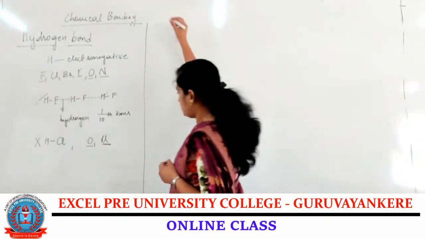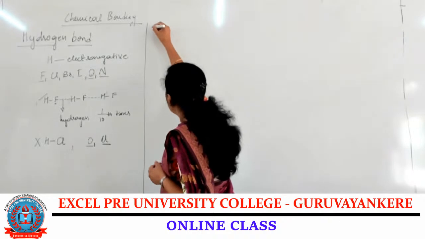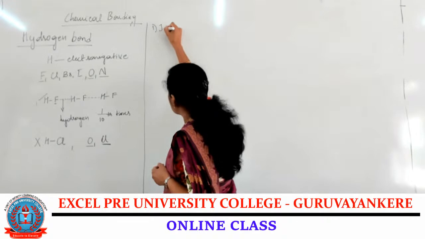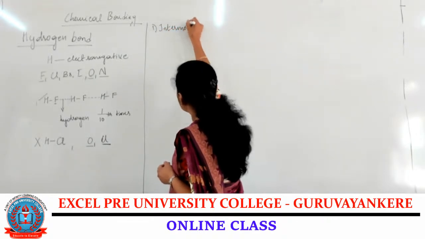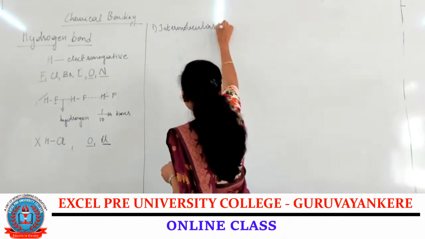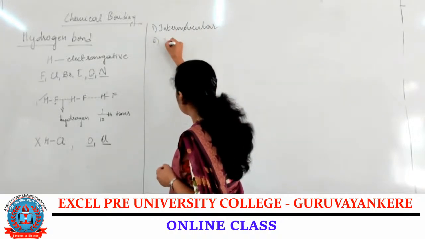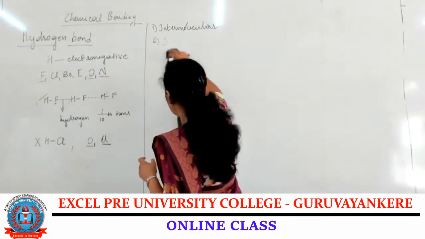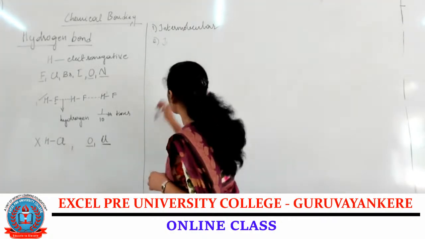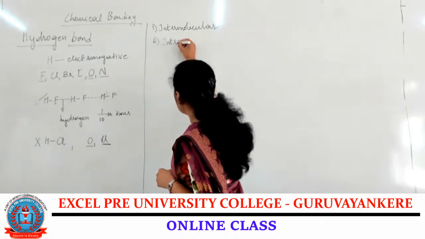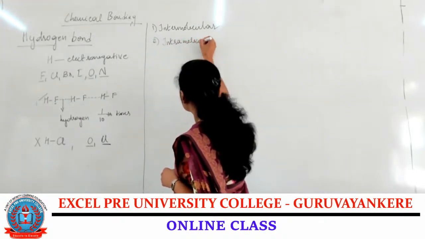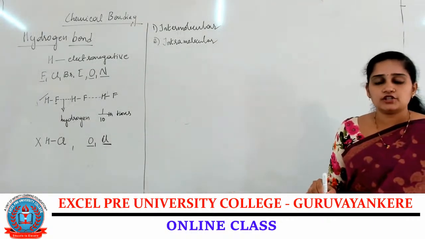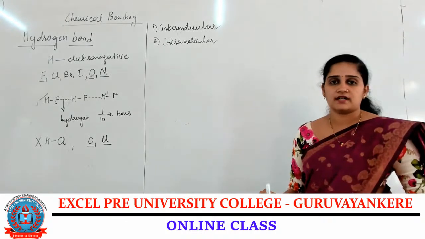Next one is, the hydrogen bond is of two kinds. One is the intermolecular hydrogen bond, and the other is the intramolecular hydrogen bond.